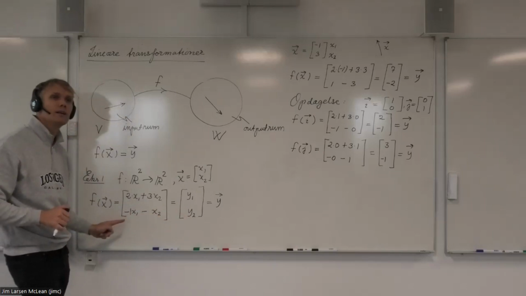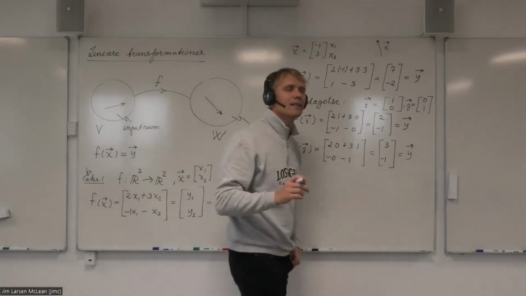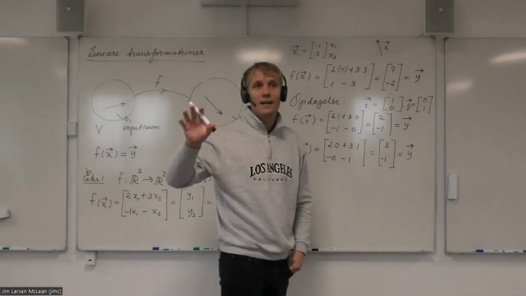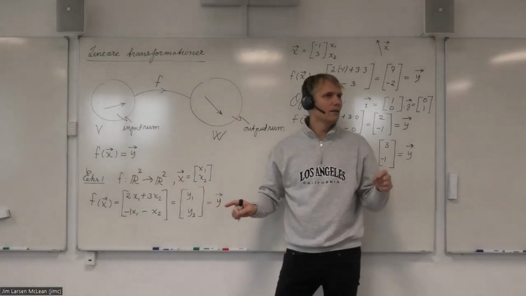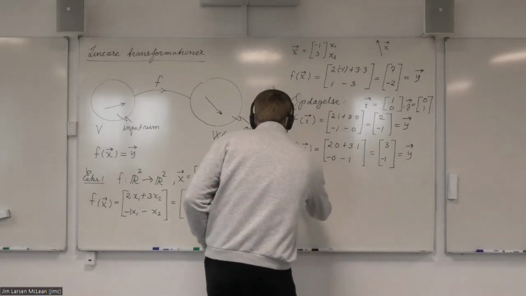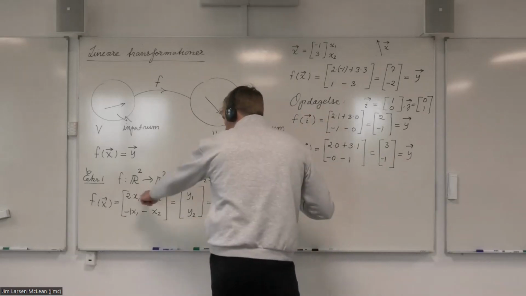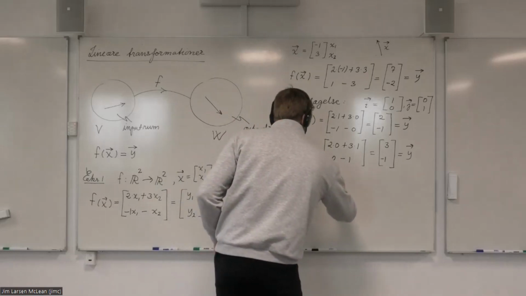These are two equations with two unknowns. So actually we can see that a linear transformation from R2 to R2, as we have written here, is two equations with two unknowns. So it will say that y1 is equal to 2 x1 plus 3 times x2.